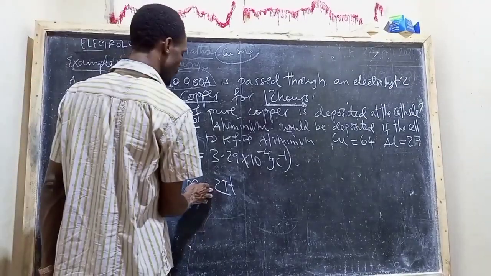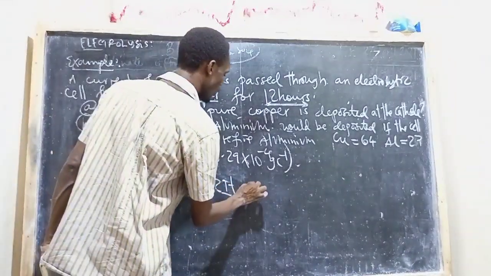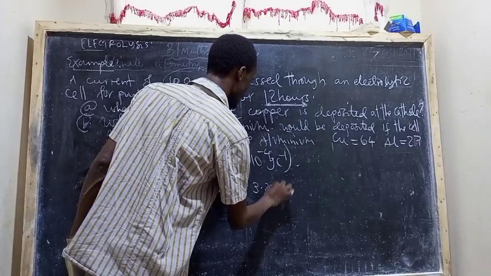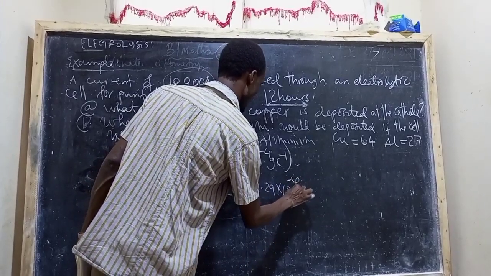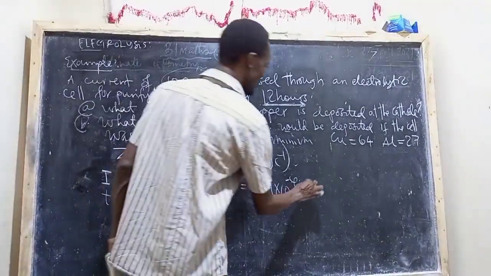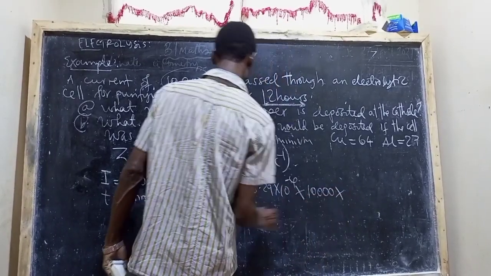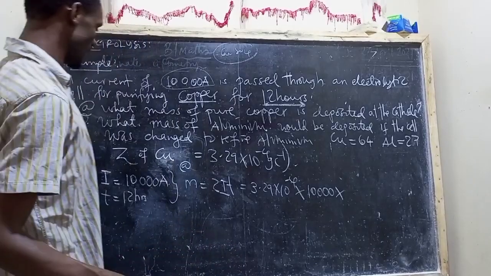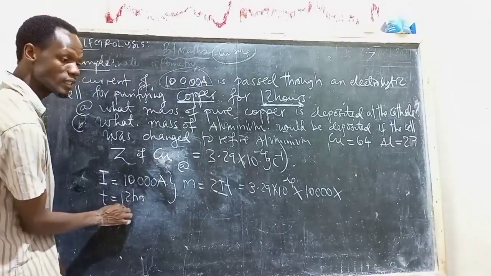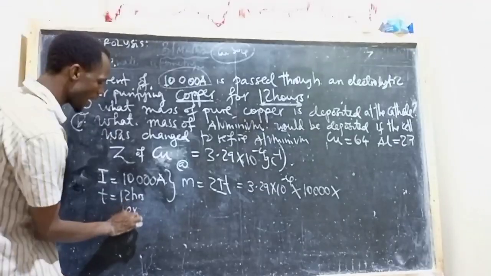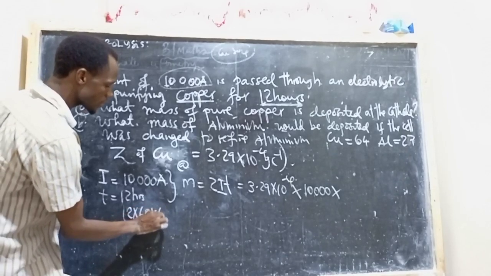Remember, we've been given Z is equal to 3.29 times 10 power negative 4, times the current, which is 10,000, times the time. Remember the time that we've been given here is in hours, so 12 times 60 times 60.